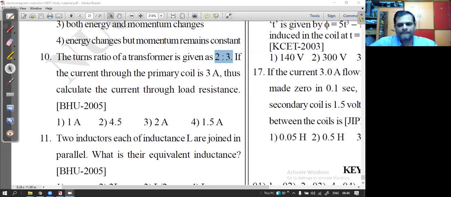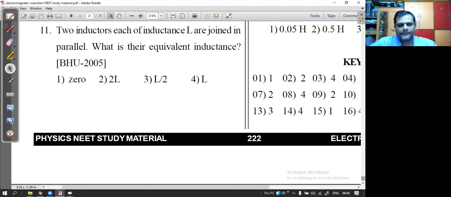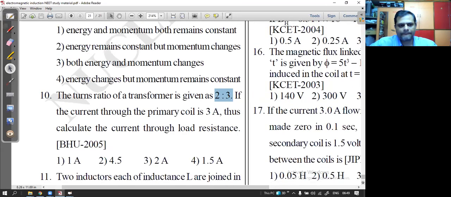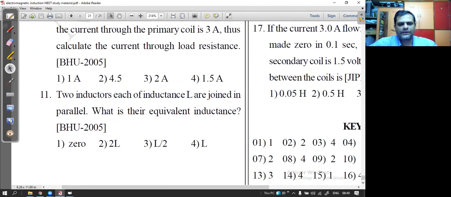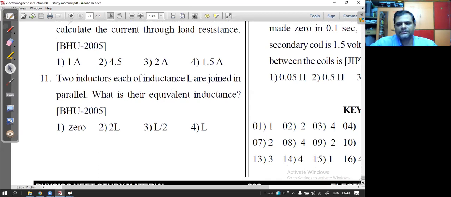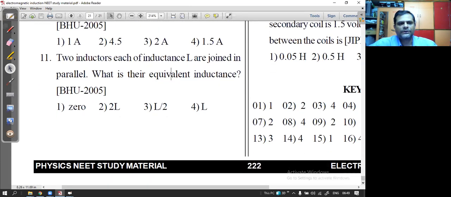So the next one. Two inductors, each of inductance L, are joined in parallel. Then their equivalent inductance is. When two inductances are joined in parallel, what is their equivalent inductance?